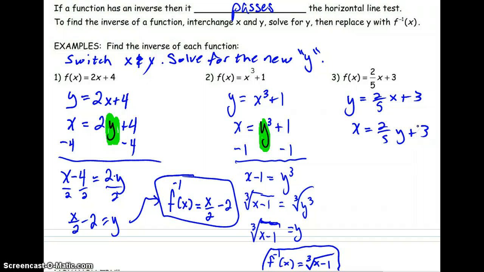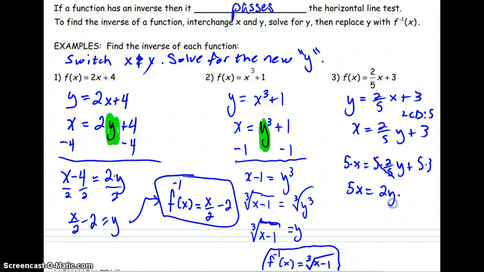We're going to solve for our new y. But let's review something from way early in the year. The least common denominator in this problem is a 5. Let's multiply every part of the problem by 5. And that's actually a very smart thing to do. It's going to eliminate every fraction that we're going to encounter.